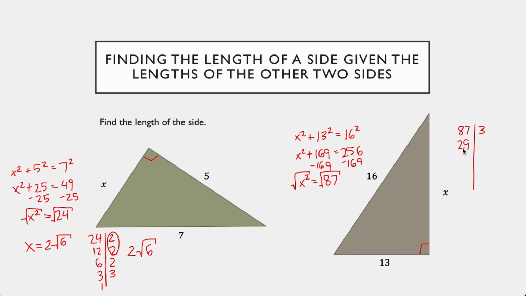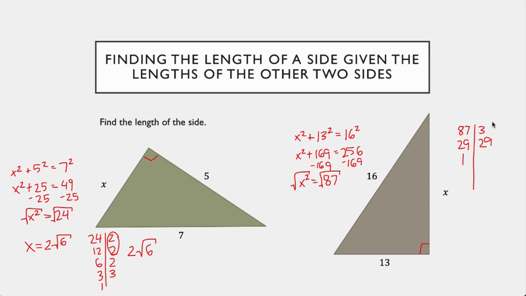Okay, let's see, what are factors of 29? Well, 29 is a prime number, so we just put 29 there and we get 1, and that's our signal that we're done.